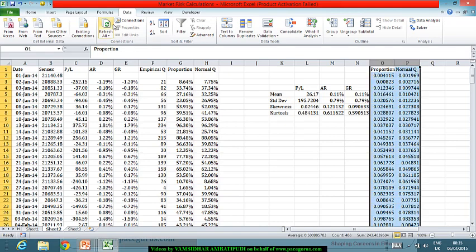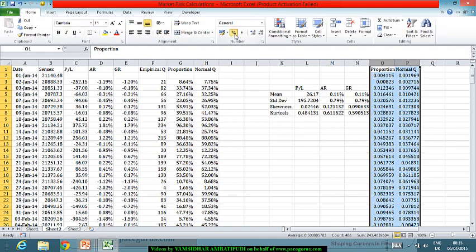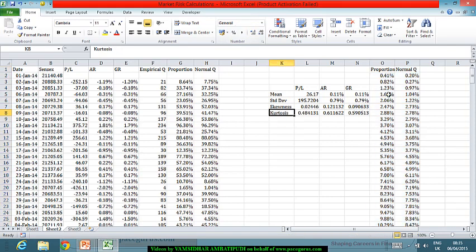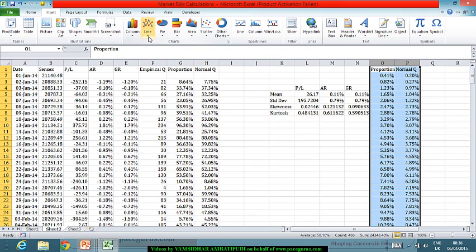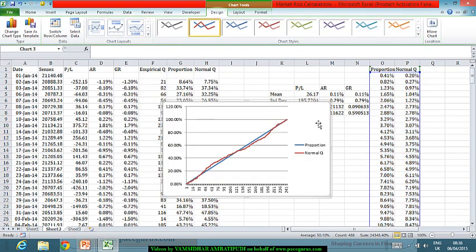The first value should correspond to 0.41 percentile in the data, whereas when I am looking at it as a normal, the first one should correspond to the 0.2 percentile. So this is where I am doing the plotting between these two, which will actually come out as something like this.